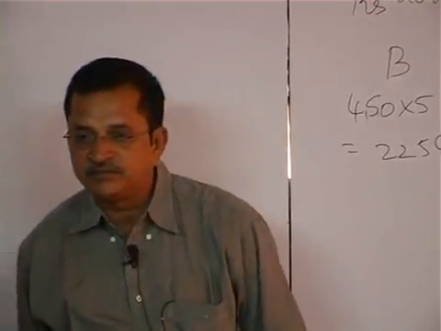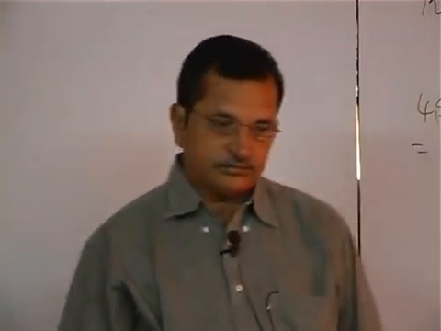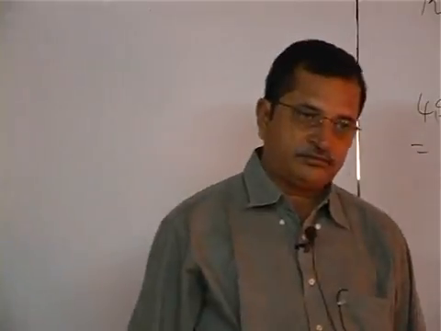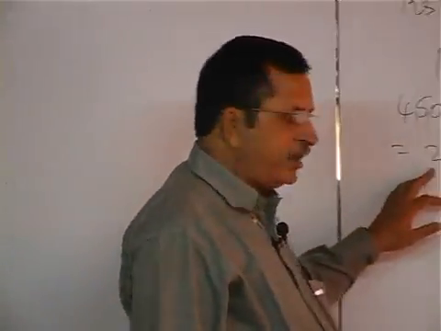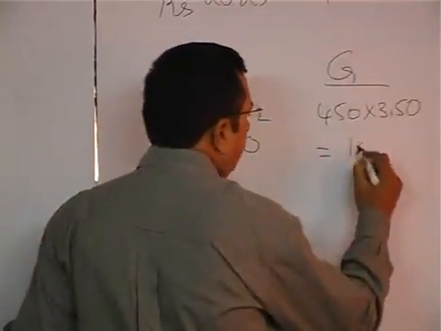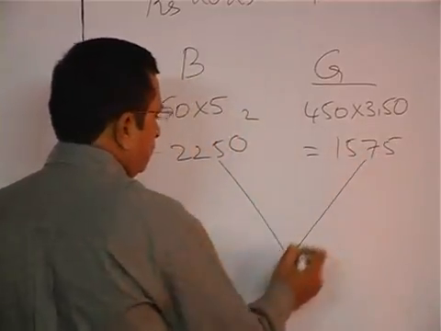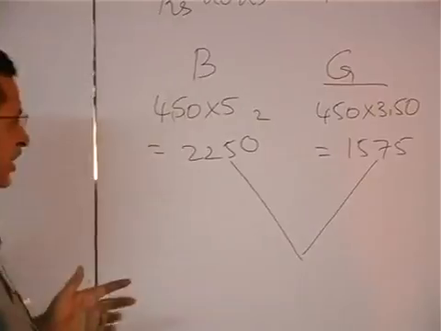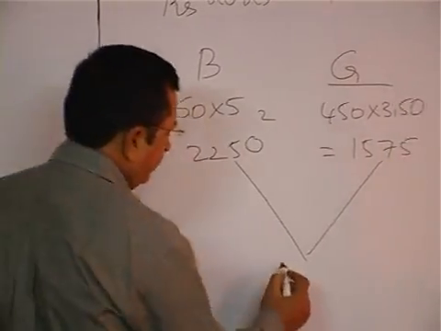For boys 2250, for girls 1575, but the amount distributed was not 2250 or 1575, it is 2025.